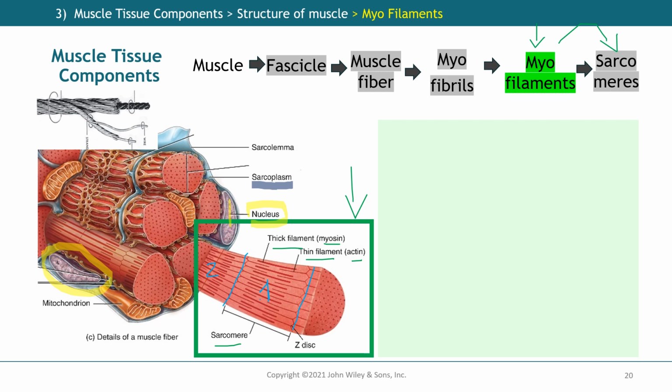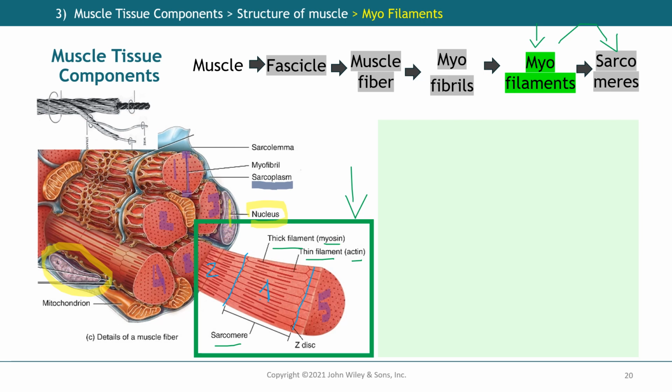Now, let's put it in purple: this structure that you see here is a myofibril that we just talked about before. Here you find one, two, three, four, and the fifth one, half of it is here and the other half is here.